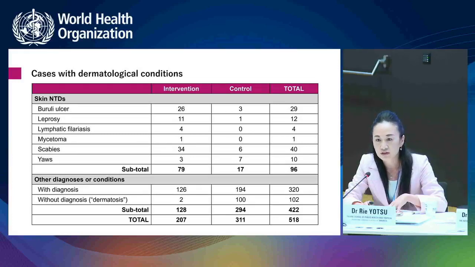However, many of these conditions were only documented as dermatosis, meaning skin disease, and the diagnosis was not given. Whereas for the intervention arm, the diagnosis was put with the skin conditions. So we have seen a definite impact of our intervention.